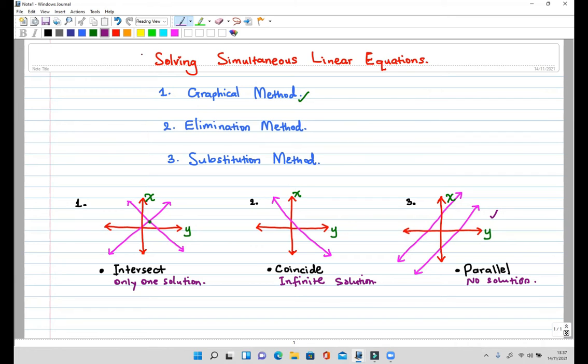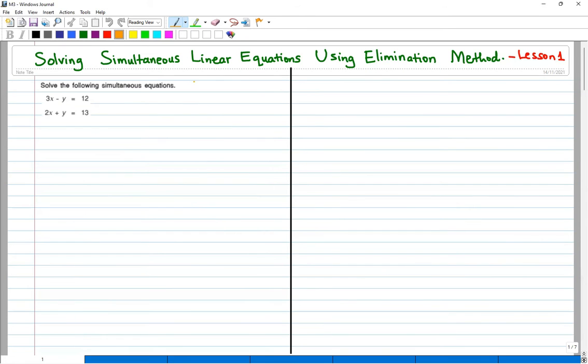Now, for today, we are going to look at how to use the elimination method. Okay? Solving simultaneous linear equations using the elimination method. And this is lesson 1 of this method.